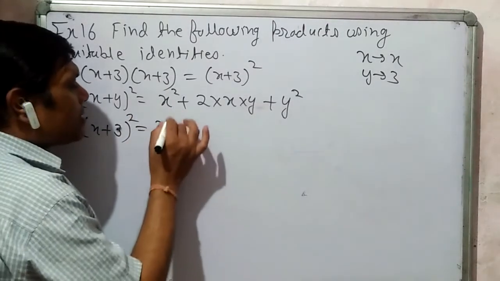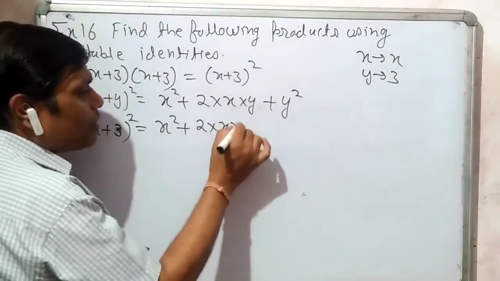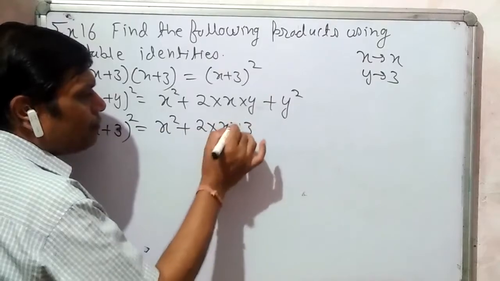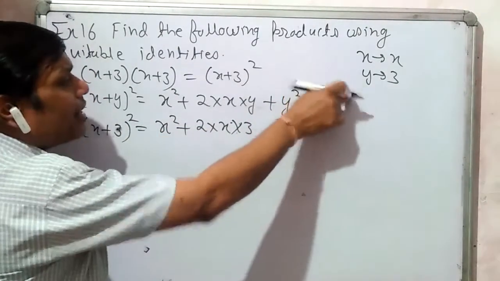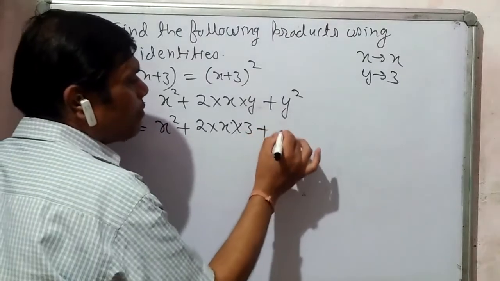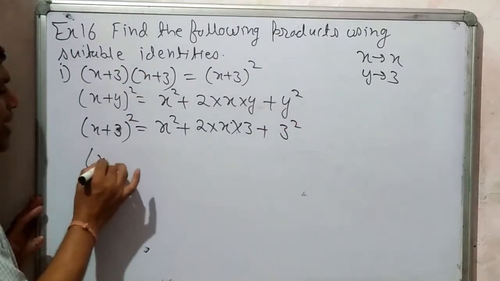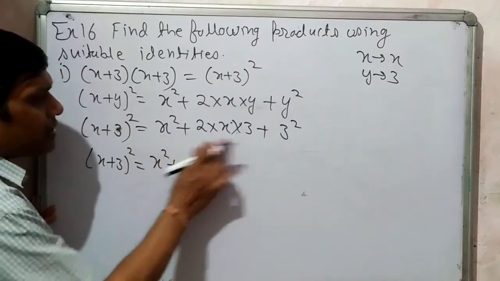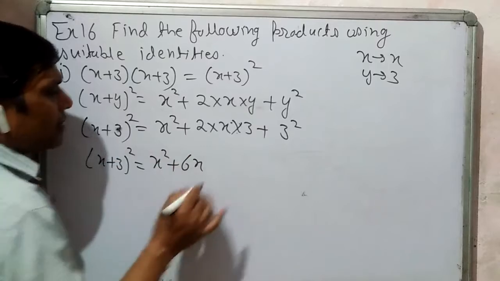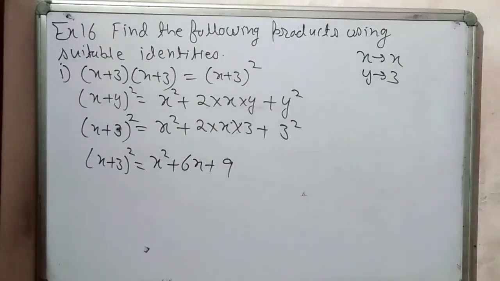So what I get is x square plus 2 multiplied x multiplied 3, I am simply replacing x and y with their identified values, plus y square, that is 3 square. So what I get is (x plus 3) whole square is x square plus 6x plus 3 square is 9. So that way we are able to solve this first part.